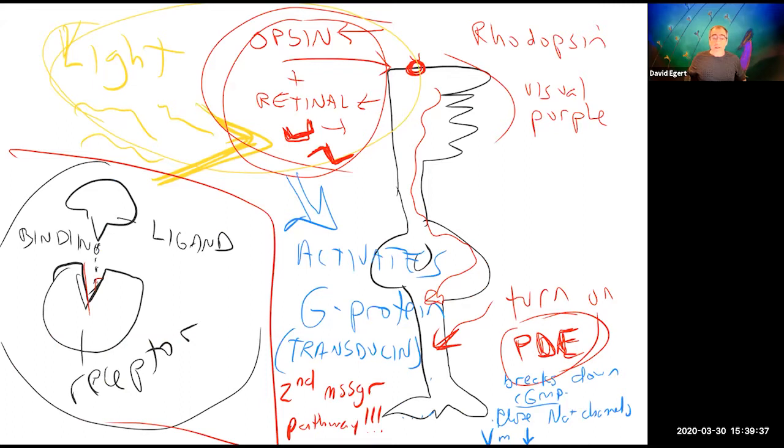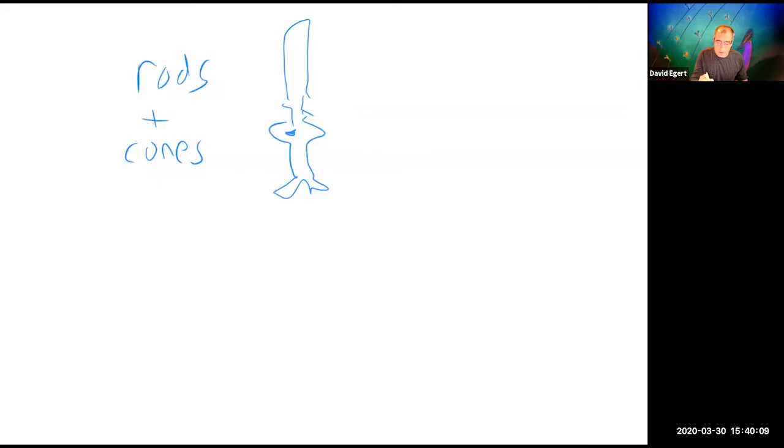So this is phototransduction or sensory transduction in the eye to convert light into electrical signals. And then we talked about how the next steps, if you wanted to get into more detail, rods and cones are kind of in your retina. Cones.